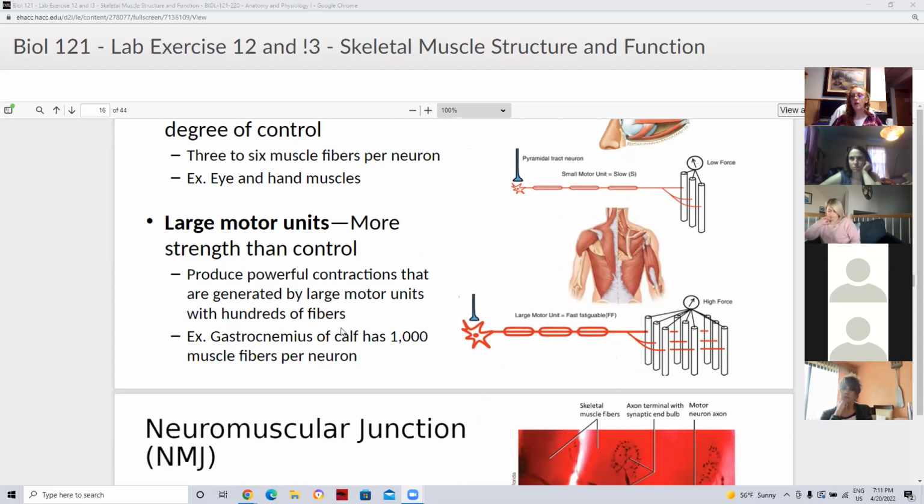So you're producing powerful contractions that are generated by hundreds of fibers. For example, one motor unit, gastrocnemius muscle of the calf can have over 1,000 muscle fibers per neuron.